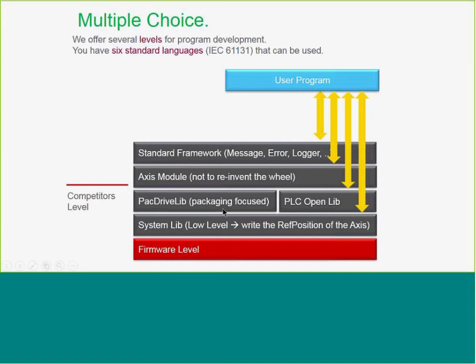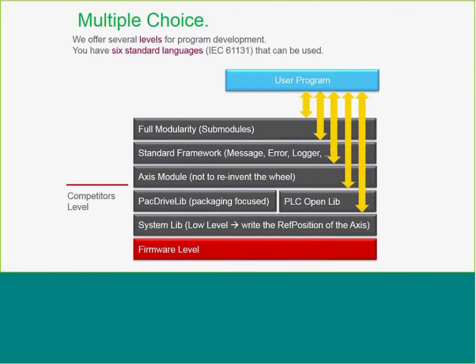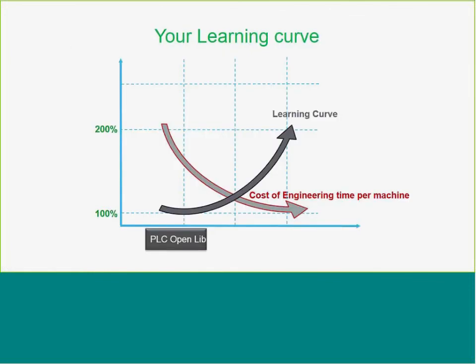A pack drive library that we've evolved over, the ELOG group started packaging in the mid-90s. So we've evolved this packaging library since then. You can utilize PLCopen libraries and system libraries. All the firmware levels and revisions are handled in our centralized controller. And fully modular subsystems.